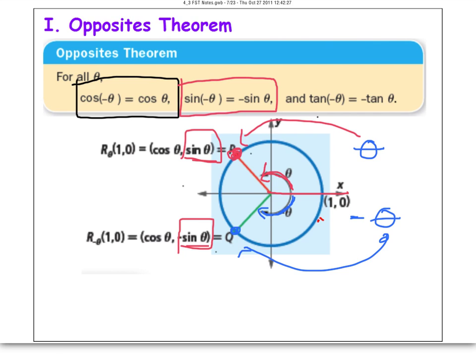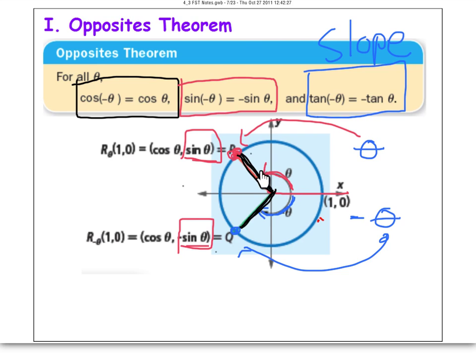Now the last is tangent. Remember, tangent just means the slope of the line that gets created by the angle. If you look at the slope at the red dot, or the red angle, it's this. That's going downhill. If you look at the blue angle, it's this. That's going uphill. They are going to be the same slopes, but in opposite directions. So this says here, the tangent of the negative angle, so the slope of this angle, is going to be equal to the opposite of the tangent of the positive angle.